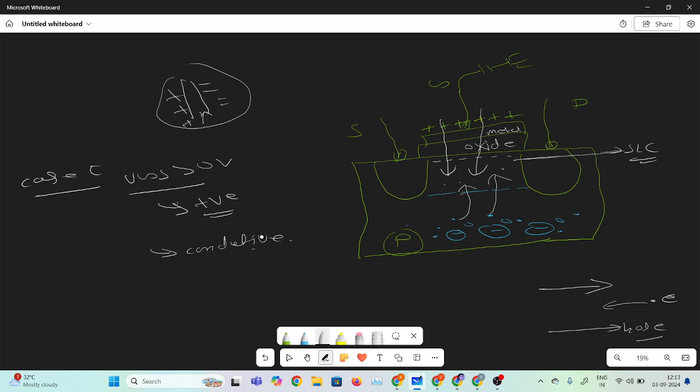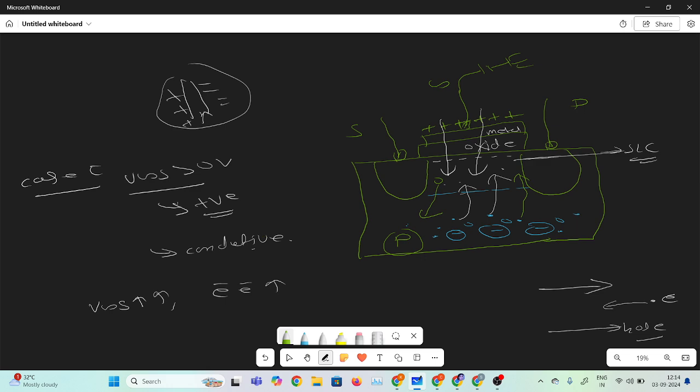Now if we again increase the VGS voltage, then more electrons will come into the channel. And if any holes are there, holes will go to the bottom of the substrate.